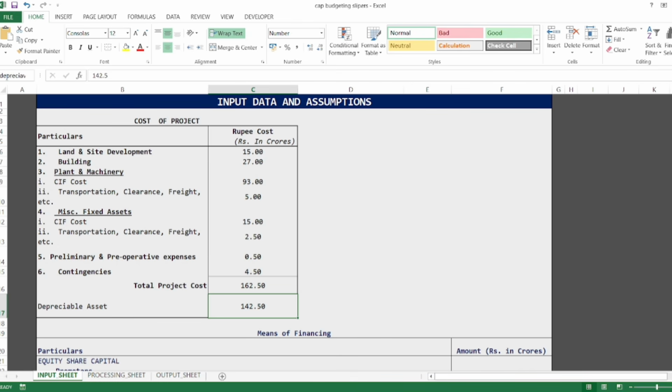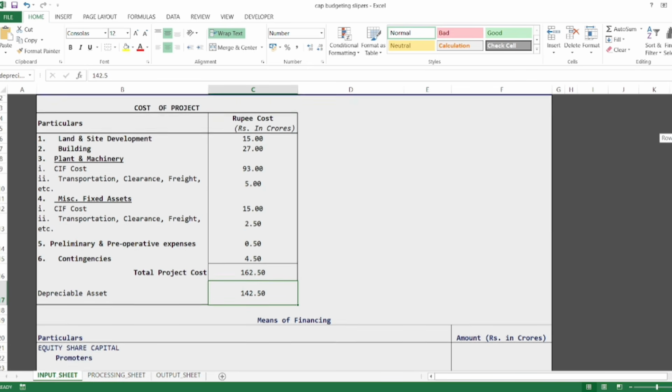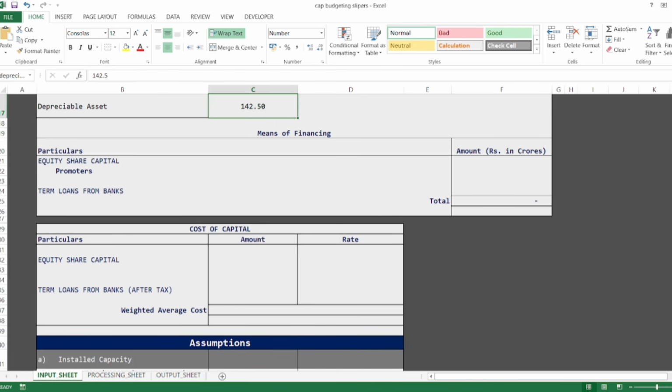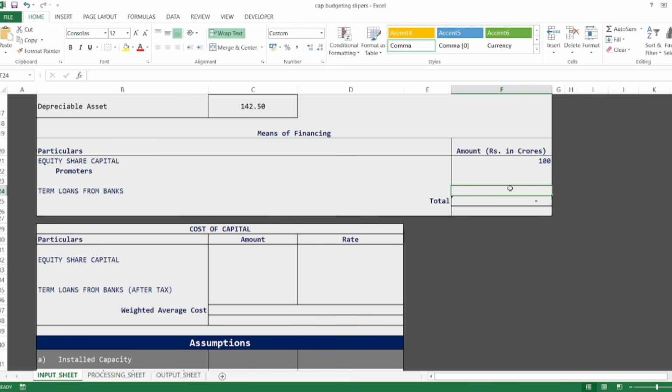Now moving on, for the equity share capital, we'll write the equity share capital that has been provided in the question, that is 100. And for the term loan from the bank, we'll first rename it as debt, and we'll write the figure that is given in the question, that is 62.5.